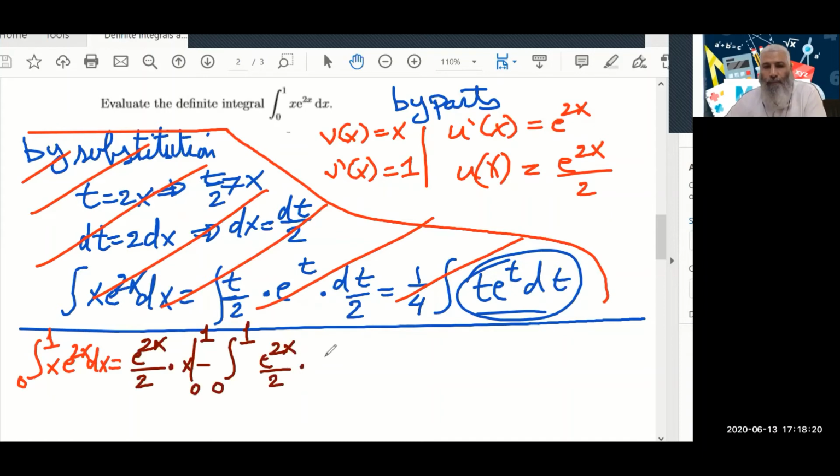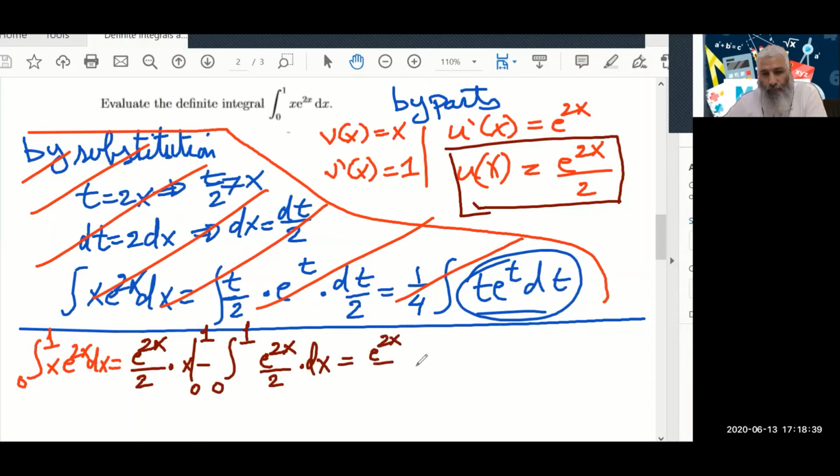But Ustaz, why do we use e power 2x? Don't we use just what is here? This is u of x. Yes, I'm so sorry, I just missed dx. So this is e power 2x over 2 multiply x from 0 to 1 minus 1 over 2 integration from 0 to 1 e power 2x dx.